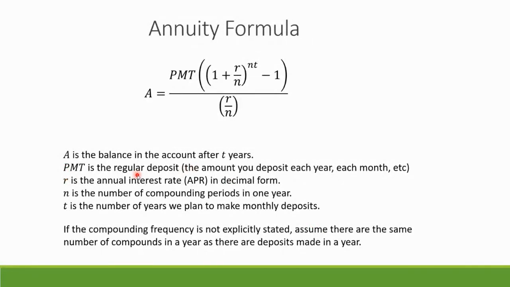R is the annual interest rate, but you have to write it in decimal form. N is how many times the account is compounded in a year. T is the number of years we plan to make deposits.